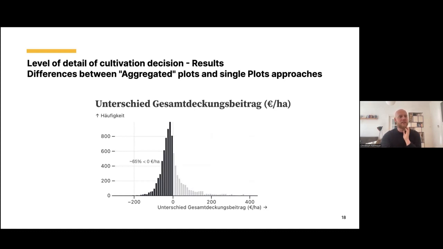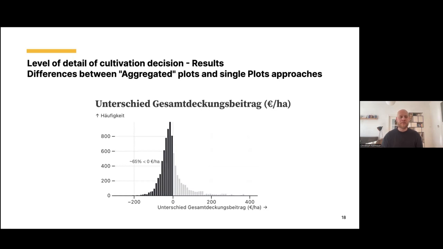So an estimate of 65% had a lower total gross margin in the single plot approach, and that's a big issue we have with farm policy evaluation studies.